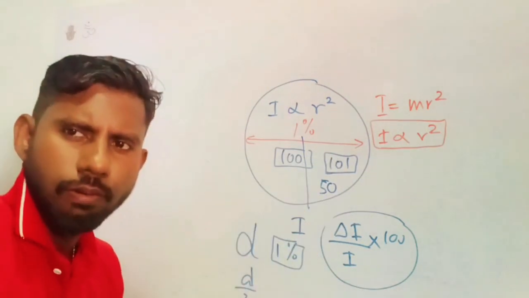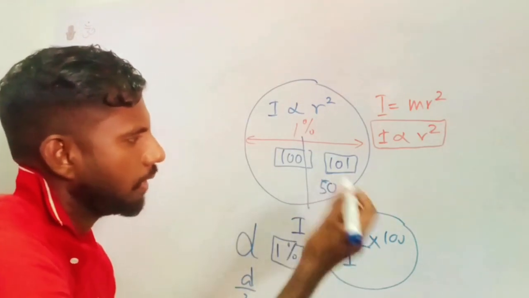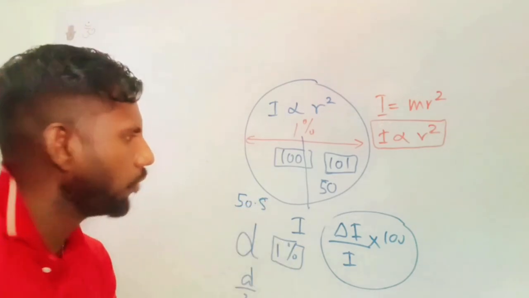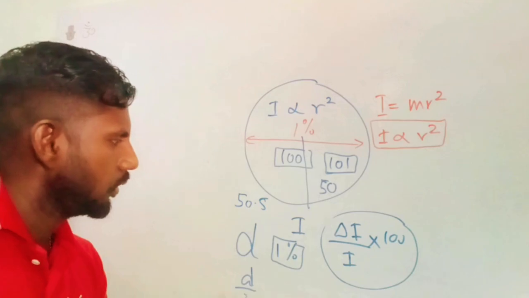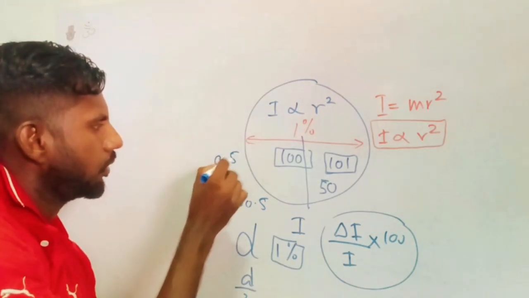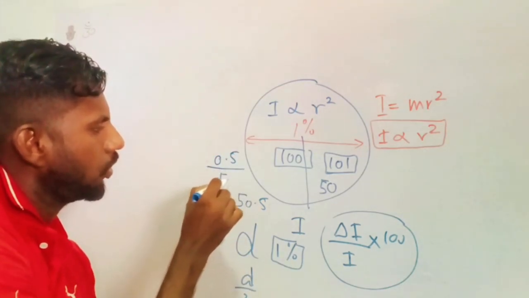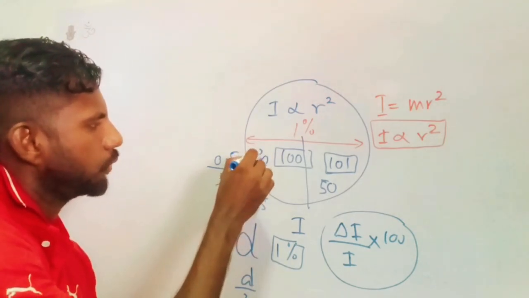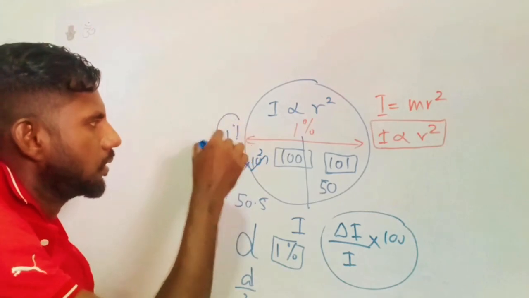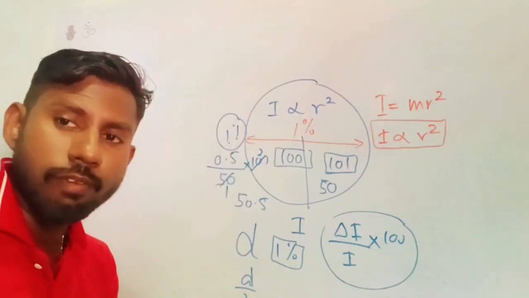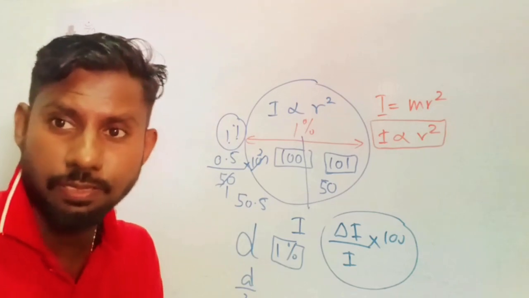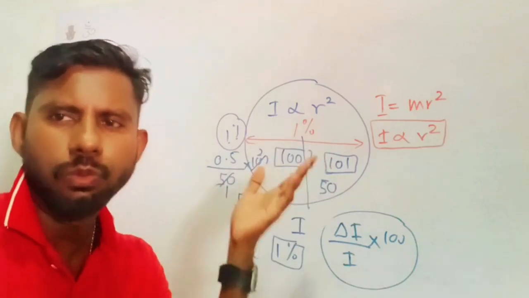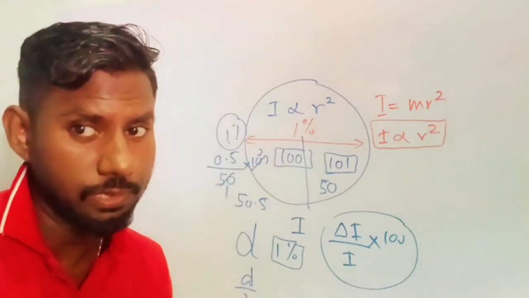It's not 51, right? It should be 50.5. So 0.5 divided by 50 into 100 is 1%. Percentage change in radius is 1%. So that's correct. Even if the diameter is increased by 1%, the radius also will be increased by 1%.